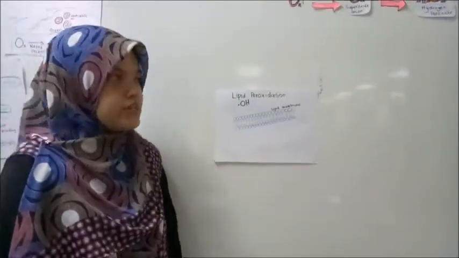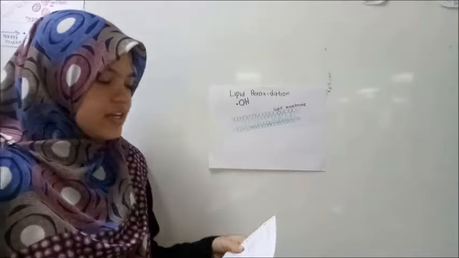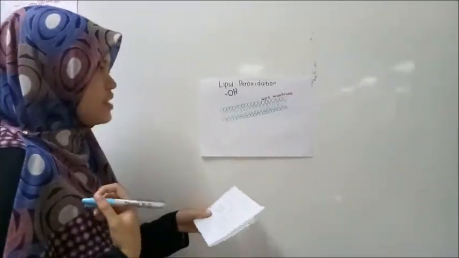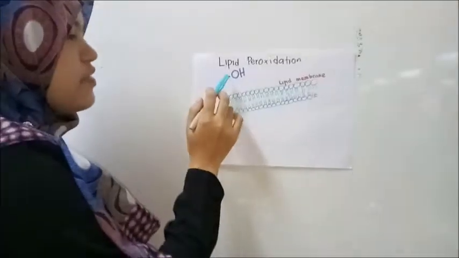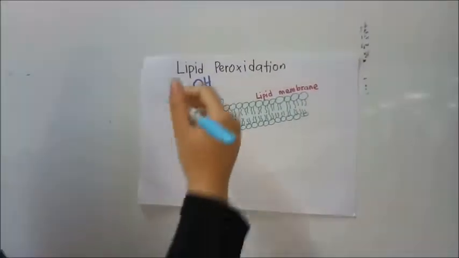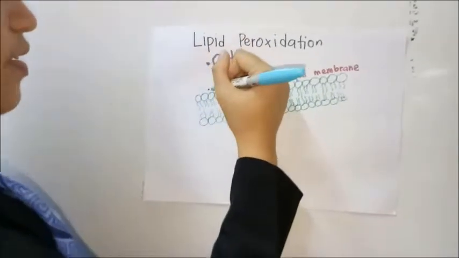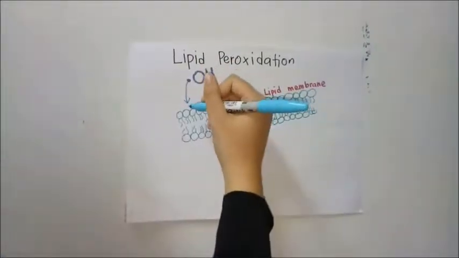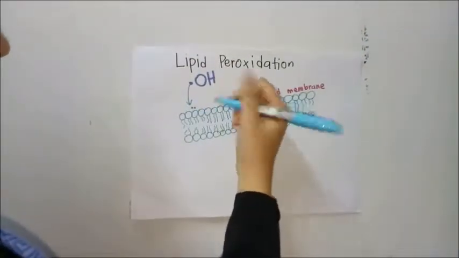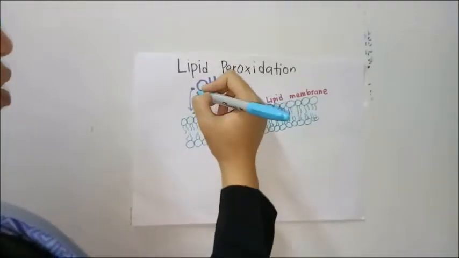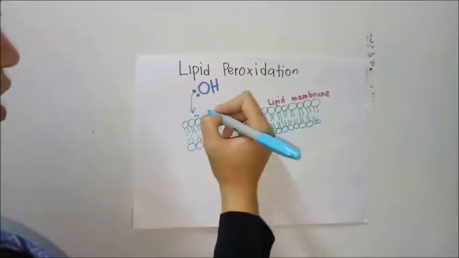Now I will explain how free radicals attack the lipid membrane. This is the free radical. It will attack the lipid membrane and take 1 electron from the lipid, and this electron will go to the free radical.